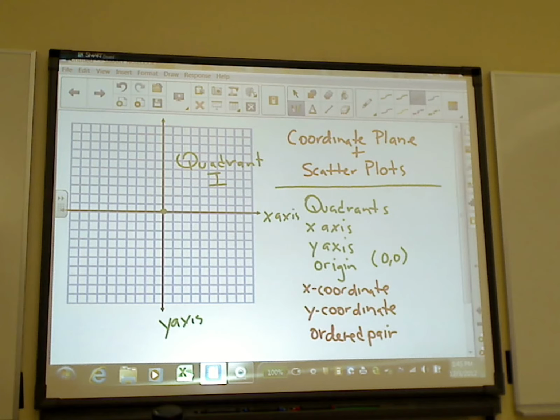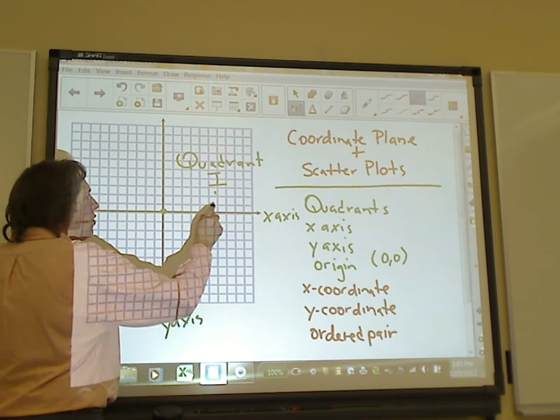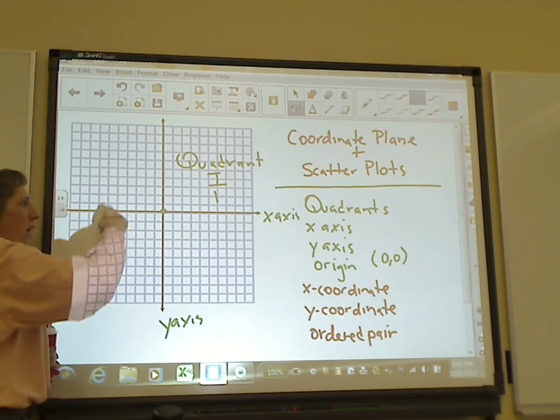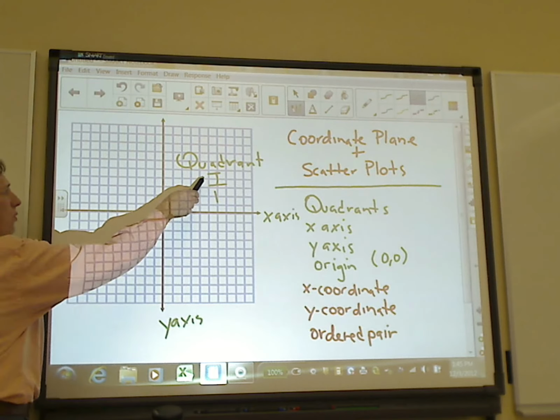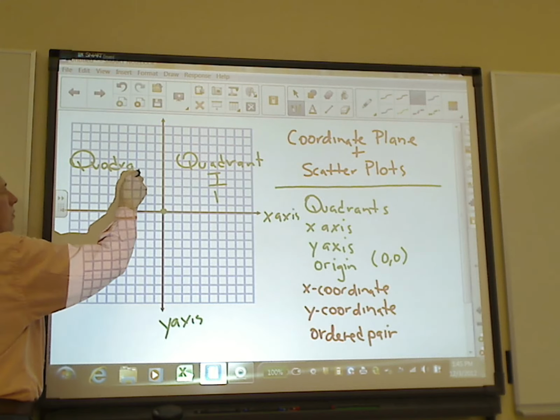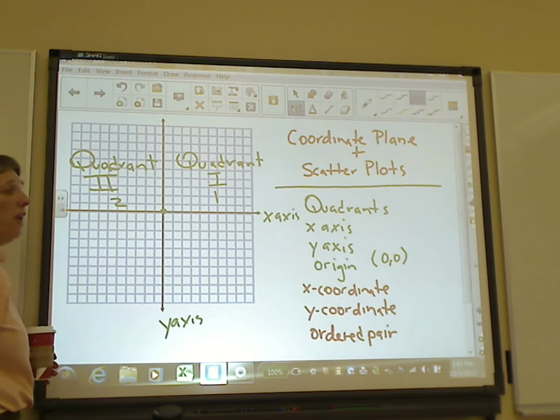Now you can use the number 1. It doesn't matter. When you label these, they go counterclockwise. This is important and never changes. Quadrant 1, then this becomes quadrant 2, and the Roman numeral is II, or you can say 2, either one.